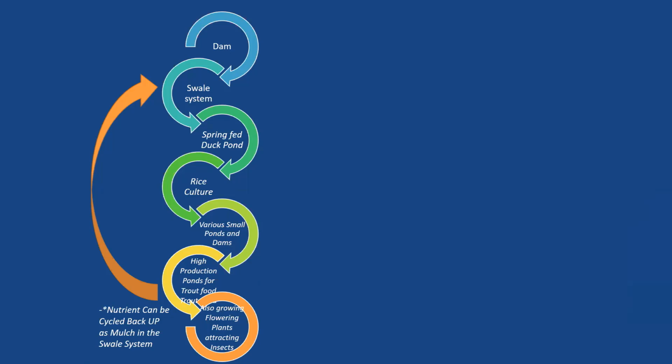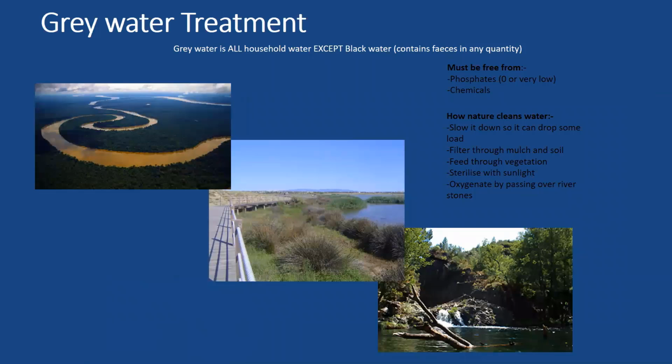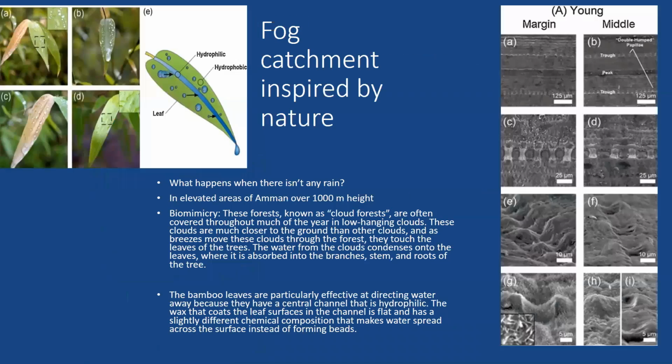If we build a dam, it could be connected to a swale system, and then to ponds, and then to crops. And then also applying the gray water treatment system.